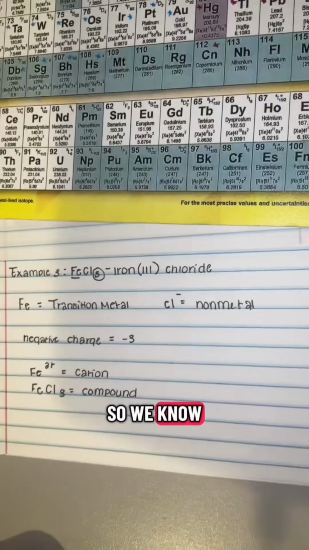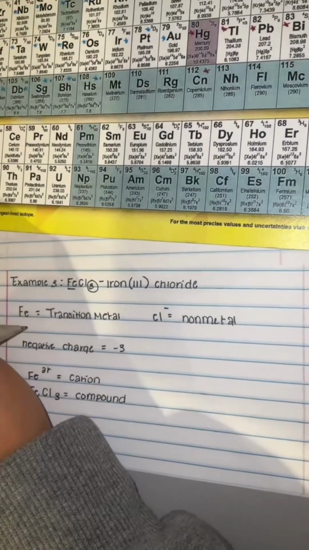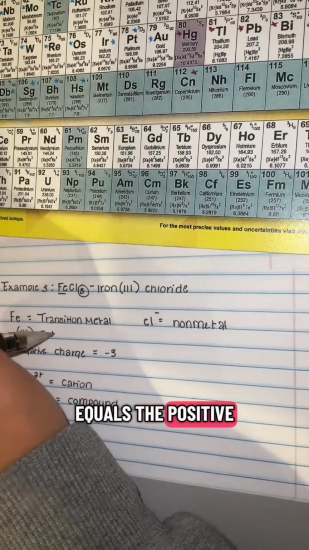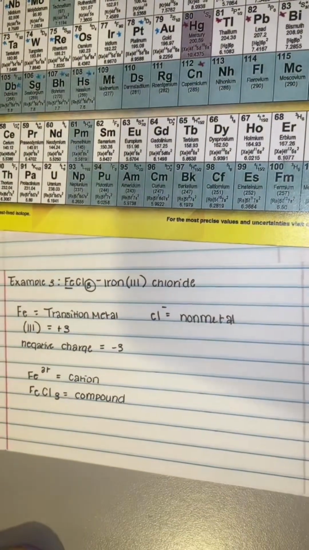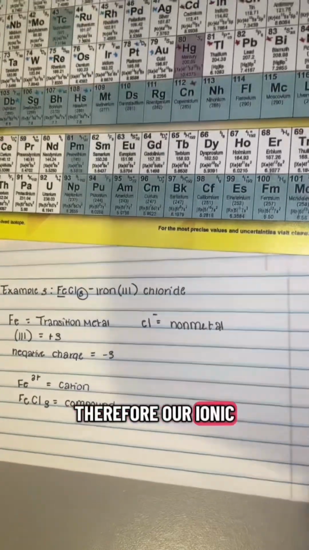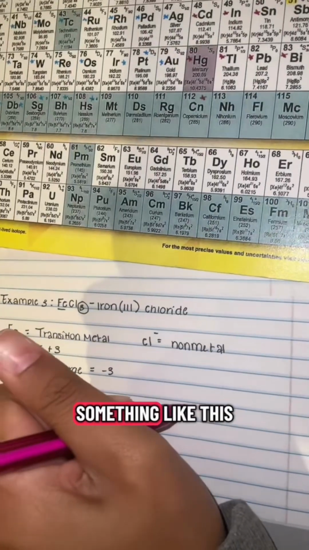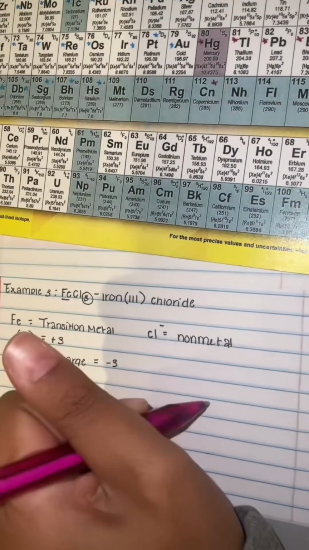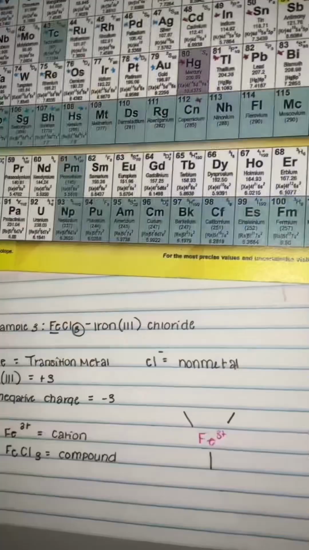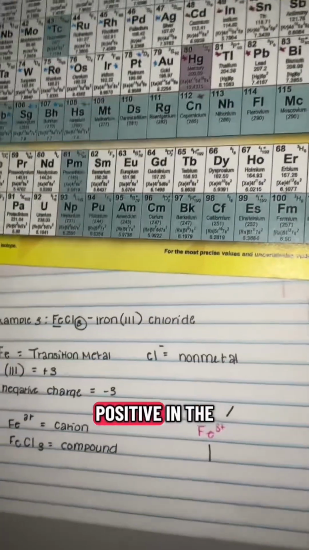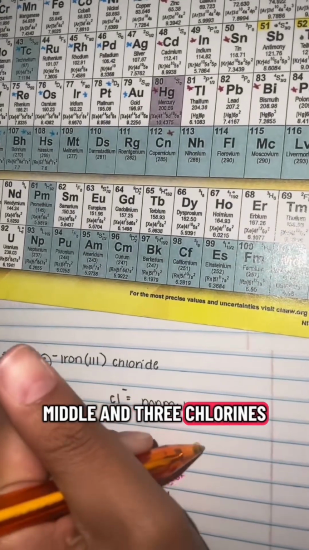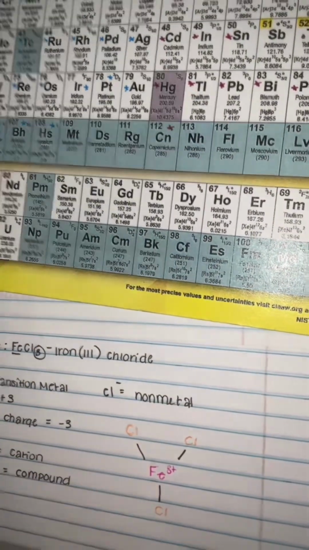So we know the Roman numeral equals the positive charge. Therefore, our ionic compound will look something like this: Fe3+ in the middle and 3 chlorines around it.